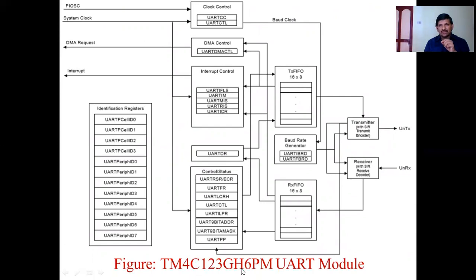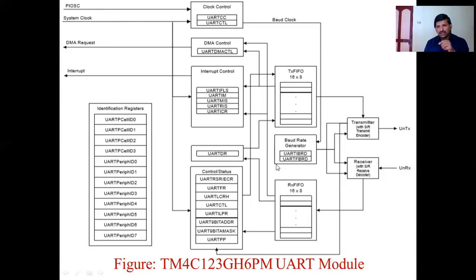TM4C123GH6PM UART module. This UART module sources its clock signal from the precision internal oscillator and the system clock. This is programmable, and we can generate the desired speed by dividing by 16 for providing 5 Mbps, or dividing by 8 for providing 10 Mbps, and it is given to the programmable baud rate generator.